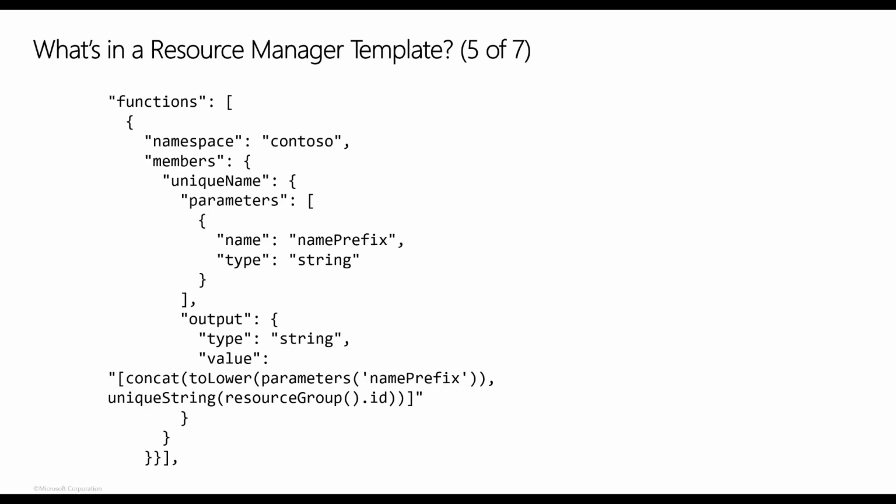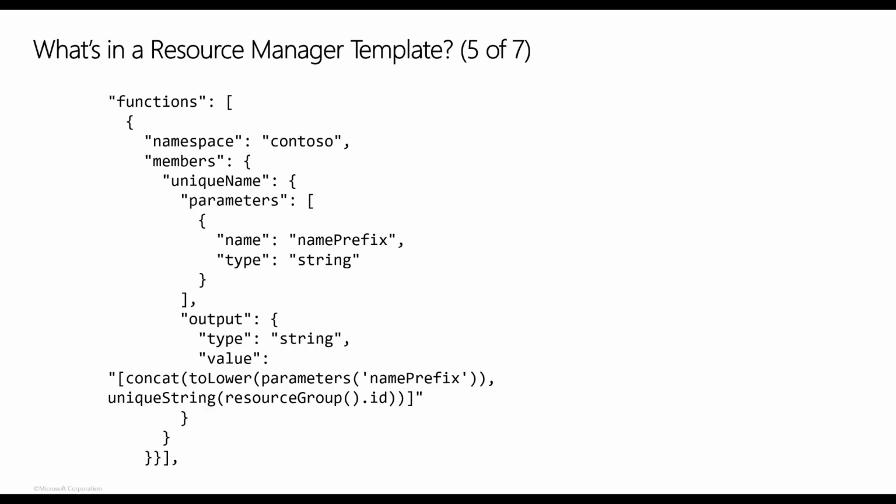Followed by functions. So what are functions? Functions define procedures that you don't want to repeat throughout the template. If you're familiar with any coding, that's the whole purpose of writing a function, right? You are doing something that you don't want to repeat. That's where functions come into the picture.